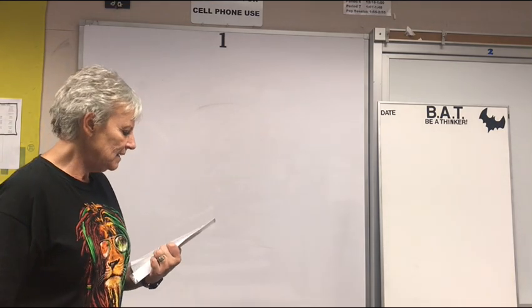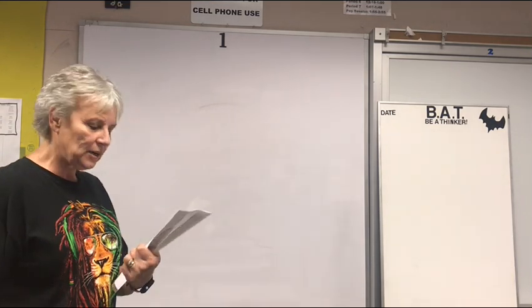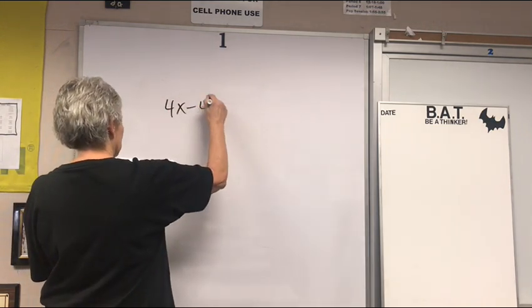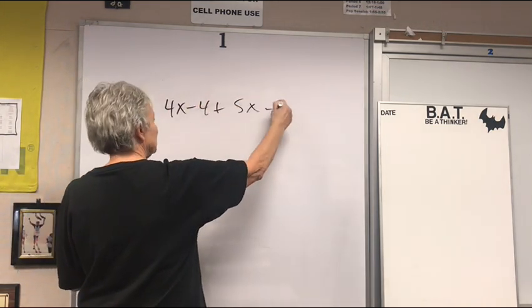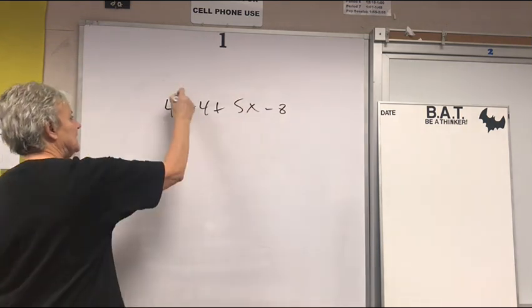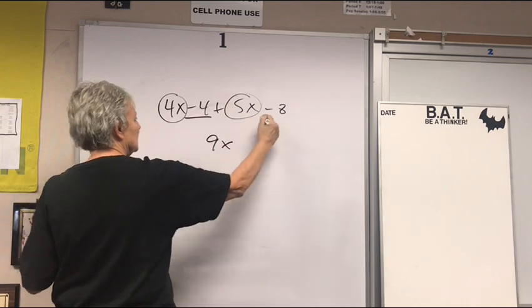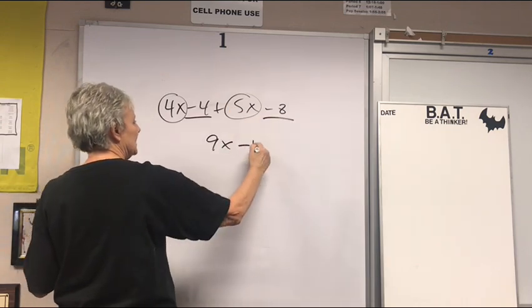Okay, number 10, we're going to add on number 10 and we're going to subtract on number 11. So on number 10, since it's all addition, we can just dump the parentheses, add those two, you get 9x. Negative 4 and negative 8 is negative 12.